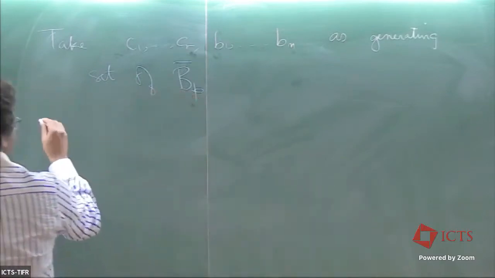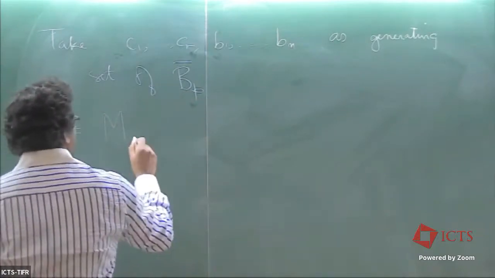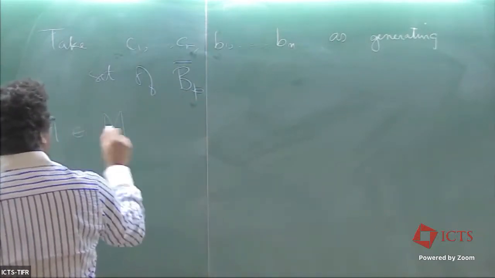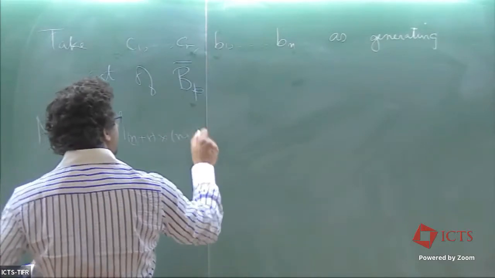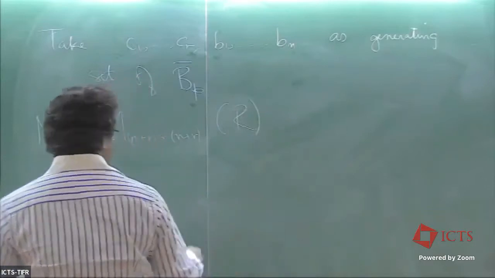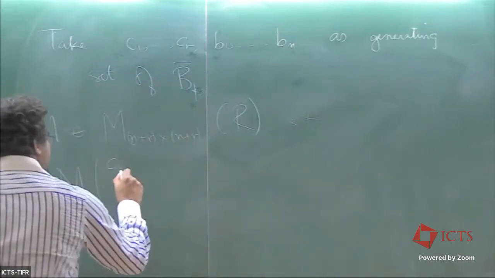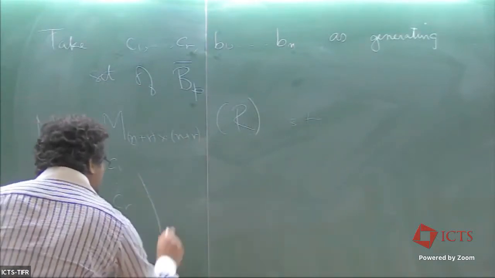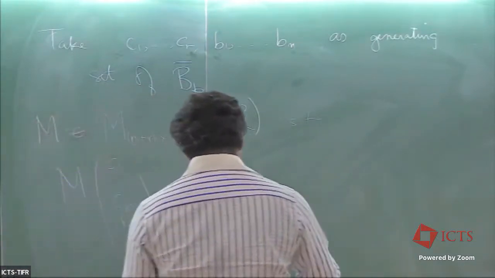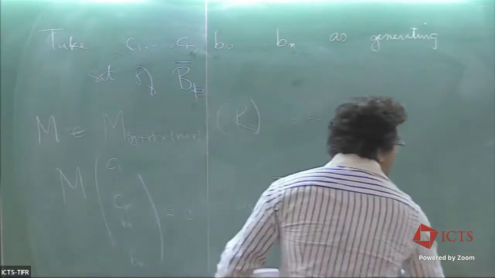Let me call that matrix M. This is an n plus r by n plus r matrix over R, such that M applied to c_1 up to c_r, b_1 up to b_n is 0 in B_P bar.